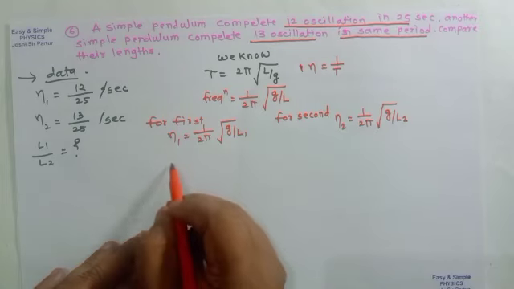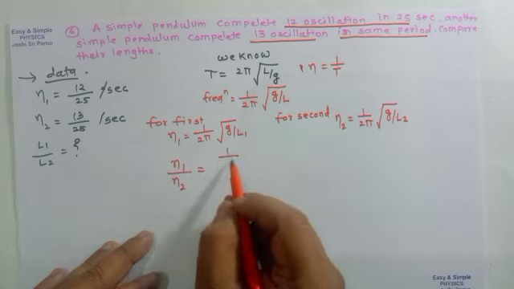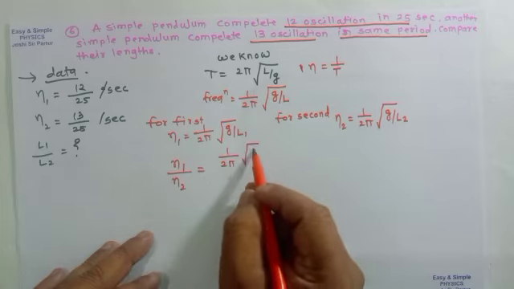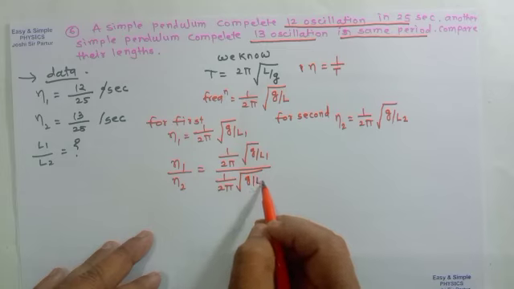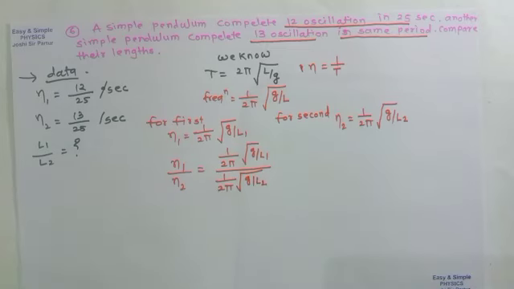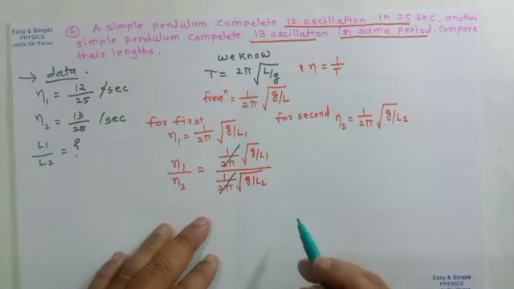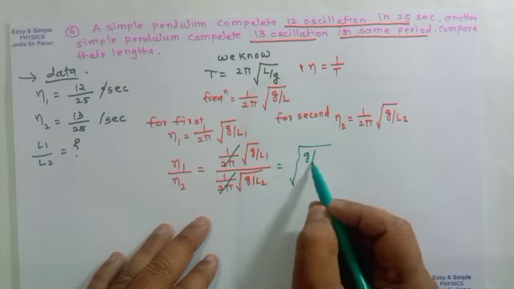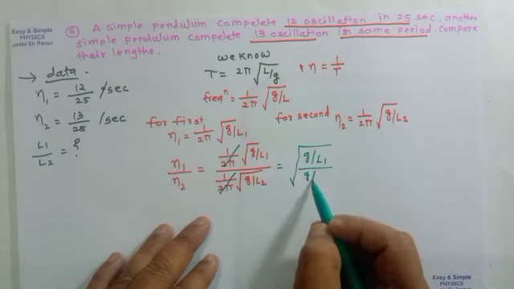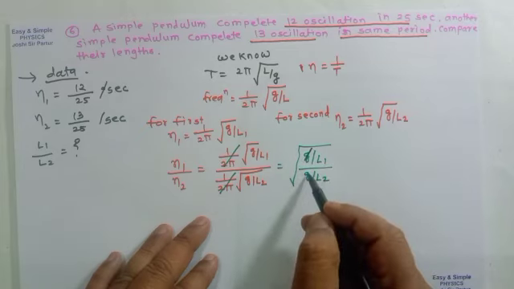If we divide n1 upon n2, it will be 1 upon 2 pi square root of g upon L1 divided by 1 upon 2 pi square root of g upon L2. So what happened? 1 upon 2 pi in both cases gets cancelled. We can write it as square root of g upon L1 divided by g upon L2. In that case g will be cancelled.